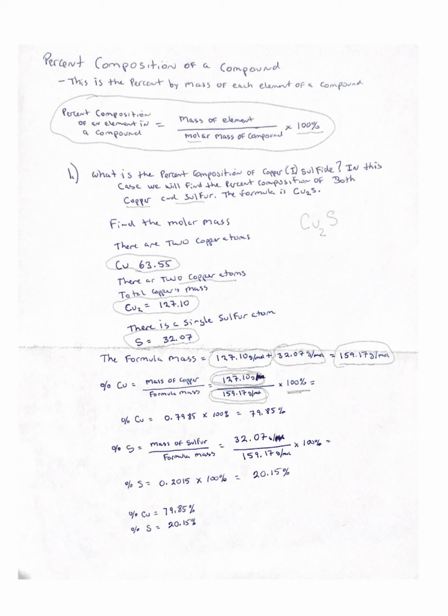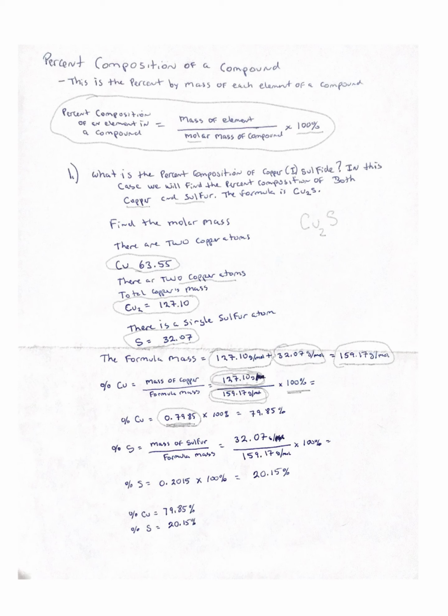When I divide 127.10 by 159.17, I'm going to get 0.7985. That's not percent yet. That's just a fraction that 127.10 is of the whole compound.